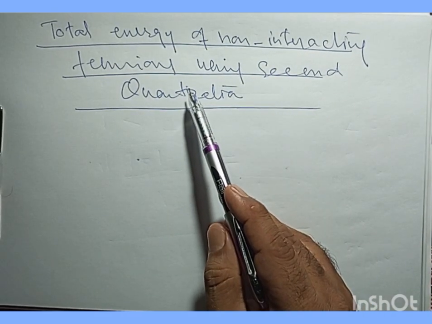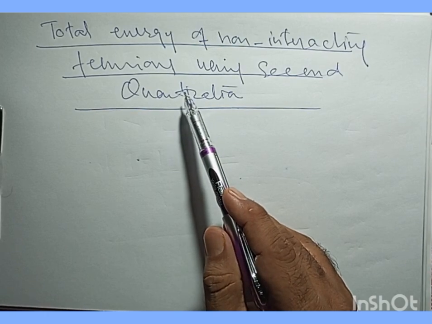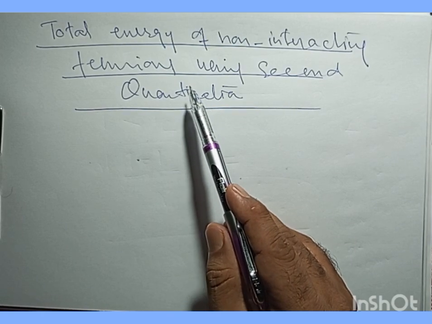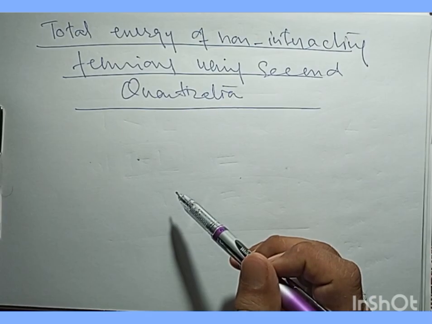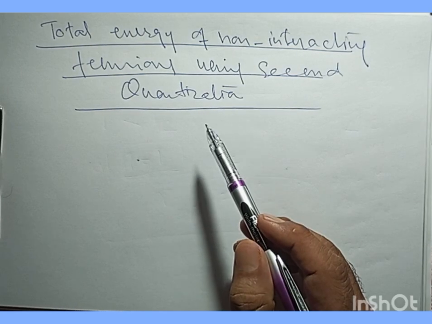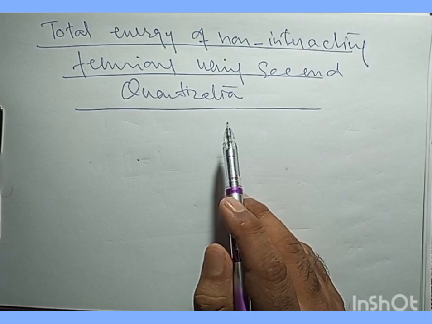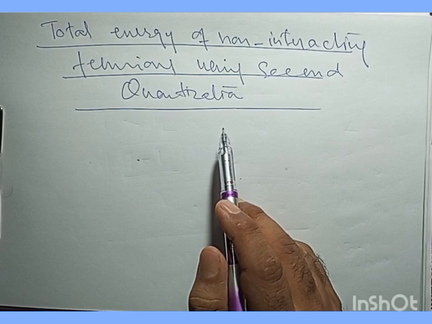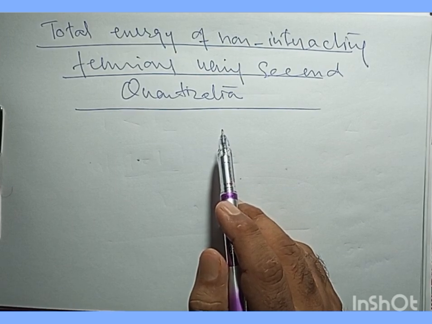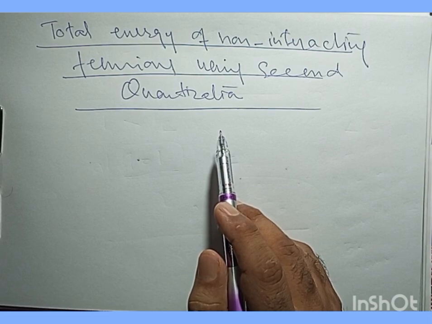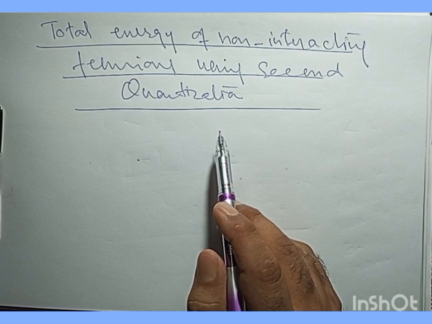We understand that fermions have spin half, and particles like electrons and protons fall in the category of fermions. Using second quantization.